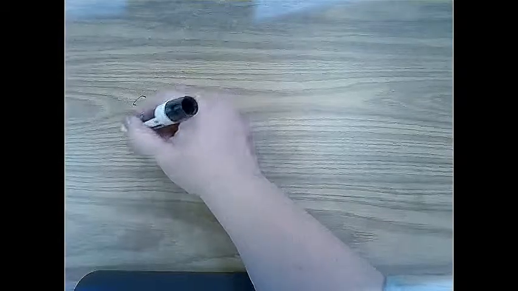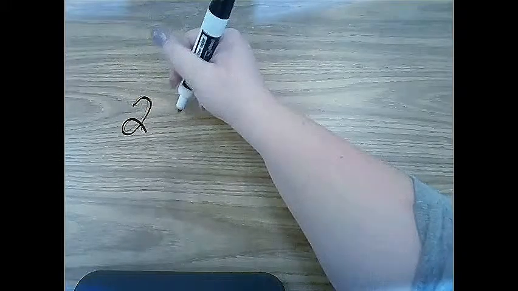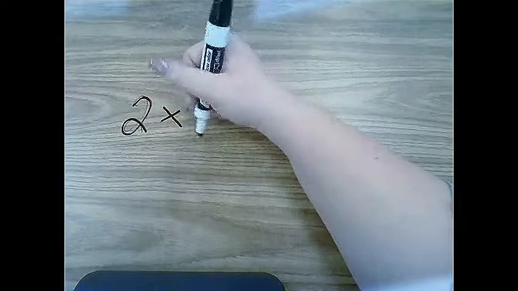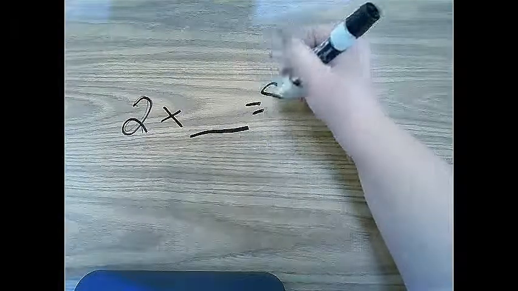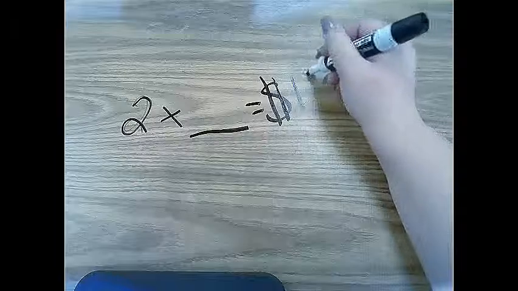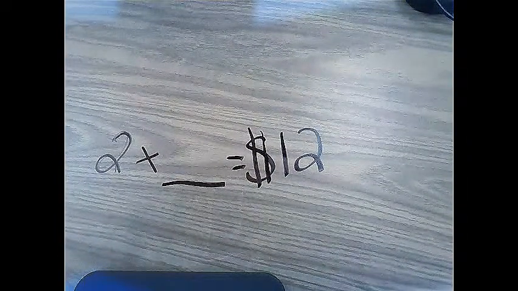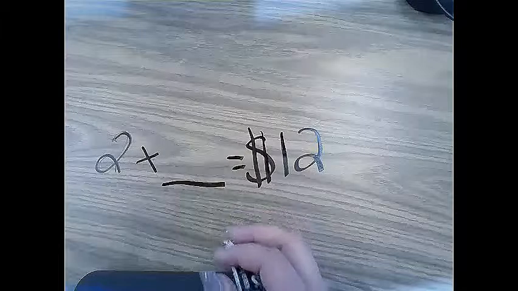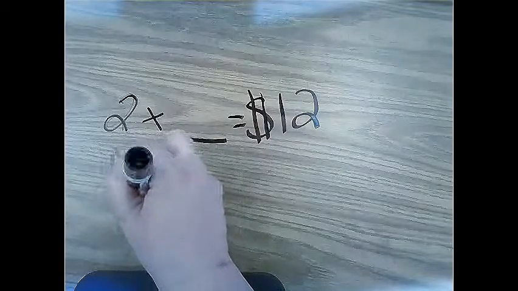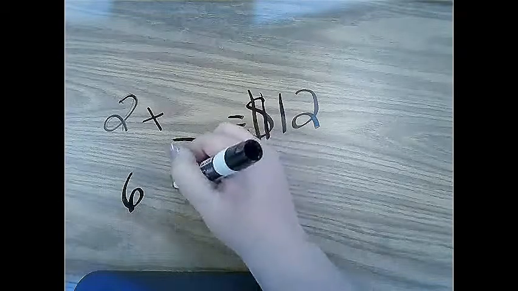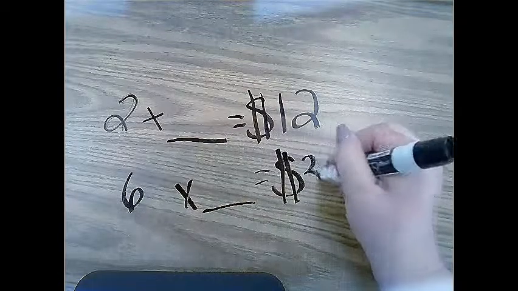So we have to figure out if he washes 2 cars, 2 cars times however much money is going to give him $12. Sorry about that glare. There we go. And if he washes 6 cars, times however much money he's earning, he's going to get $36.